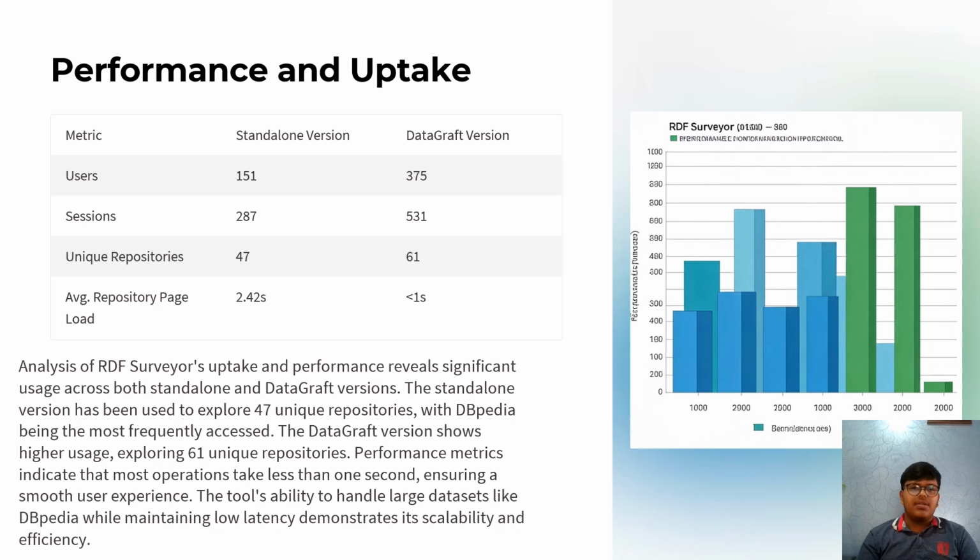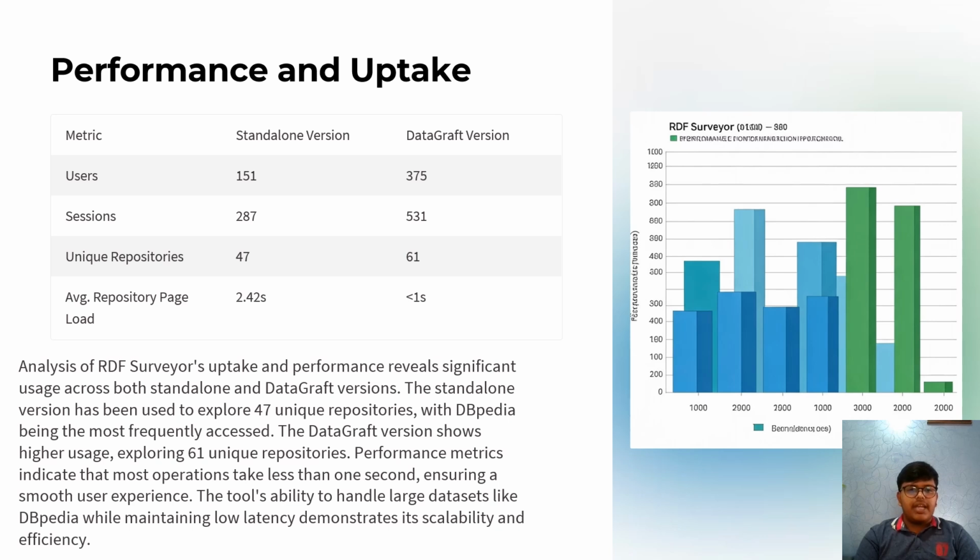Performance and uptake. Metrics: standalone version, Datagraph version. Users: 151, 375. Sessions: 287, 531. Unique repositories: 47, 61. Average repository page load: 2.42 seconds, less than 1 second. Analysis of RDF Surveyor uptake and performance reveals significant usage across both standalone and Datagraph versions.